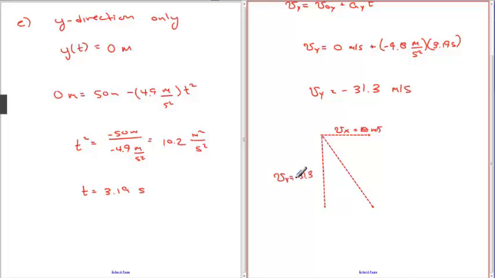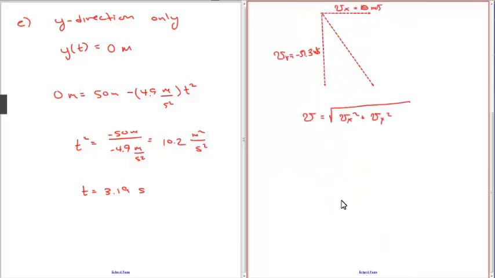And we get this because it's a right triangle. To find v, our final velocity, it's equal to the square root of v sub x squared plus v sub y squared. And that gives us the magnitude. So take the square root of 18 squared plus negative 31.3 squared meters per second.